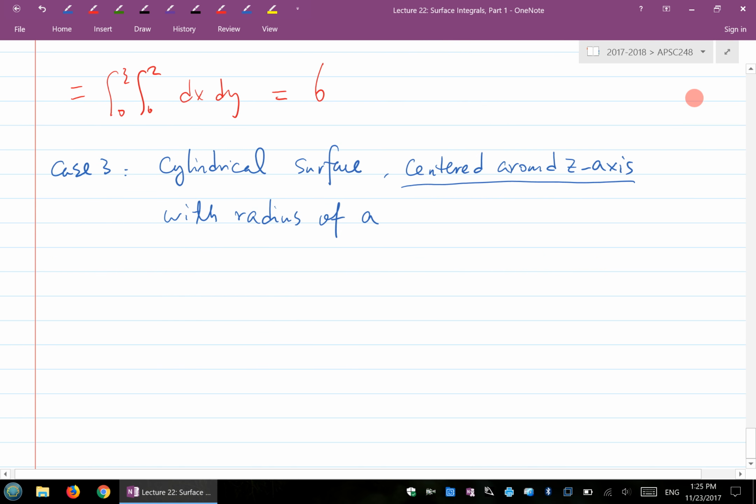I'll draw this out because we call it a special case. That's why it's not a cylinder anywhere else. So we're talking about a cylinder centered around the z-axis.